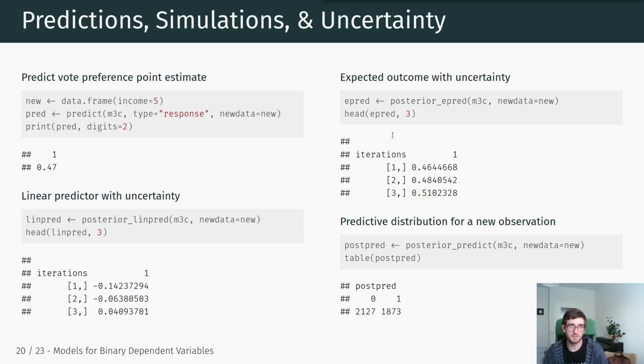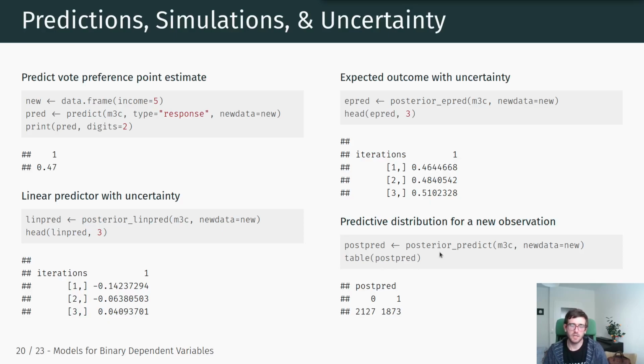This is just the first three elements of this vector, but of course using default settings we have 4,000 draws from the posterior distribution, so we have a distribution of probabilities, taking into account again the uncertainty around our estimates.